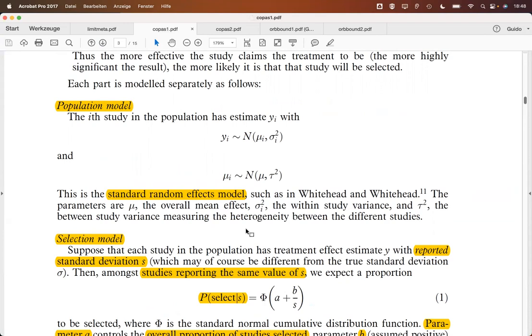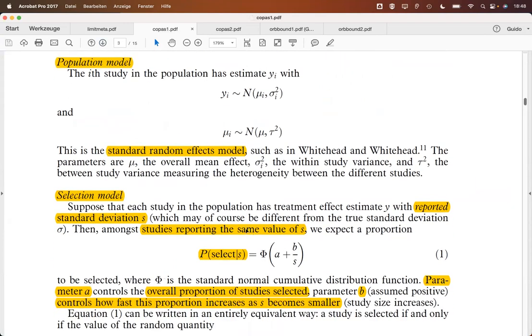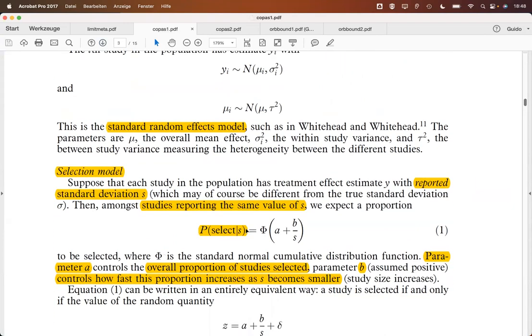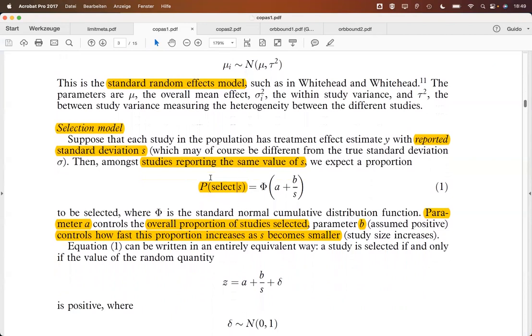What is also considered for the COPAS selection model is a model for the publication probability, or the selection probability, that a study is selected for a meta-analysis. And this is assumed to be based on the reported standard deviation of the study, so the precision of the study. And the probability is modeled via the standard normal cumulative distribution function.